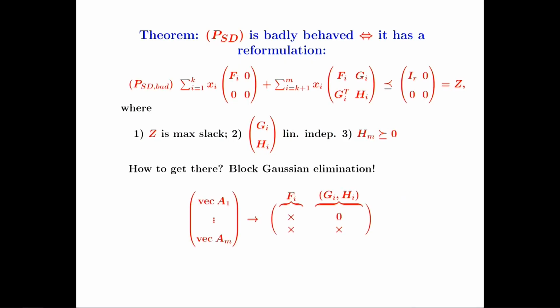I make these AIs into long vectors, and I do Gaussian elimination so that these rows are linearly independent and the others are zeros. That's just Gaussian elimination. And so this is an if and only if characterization.